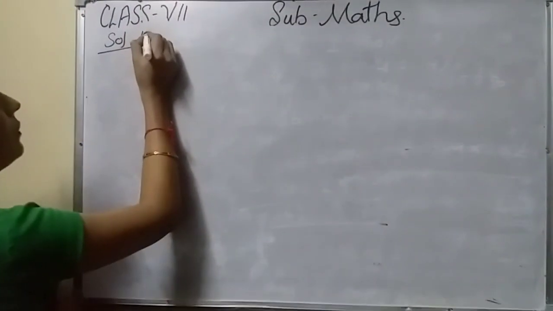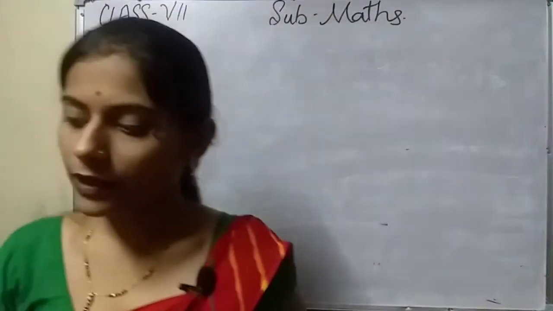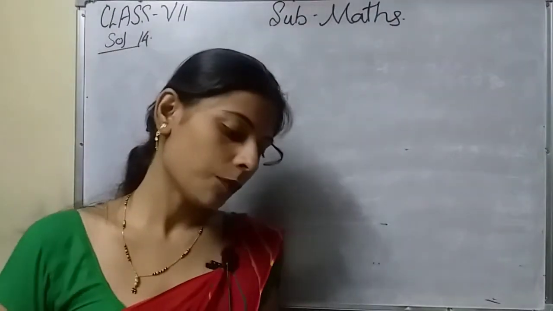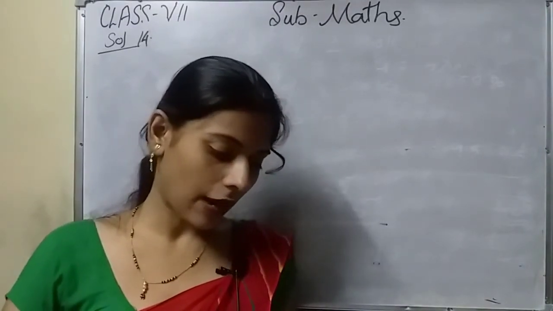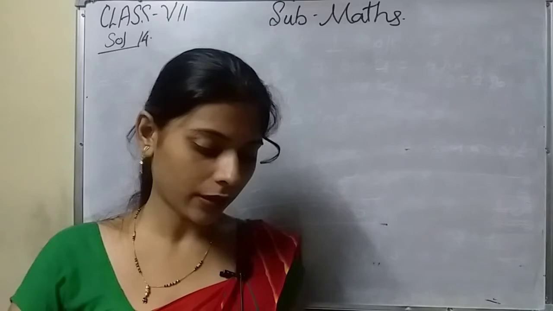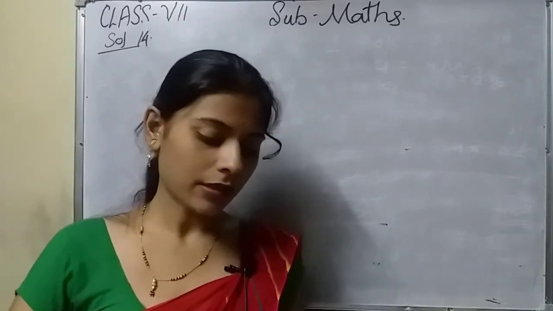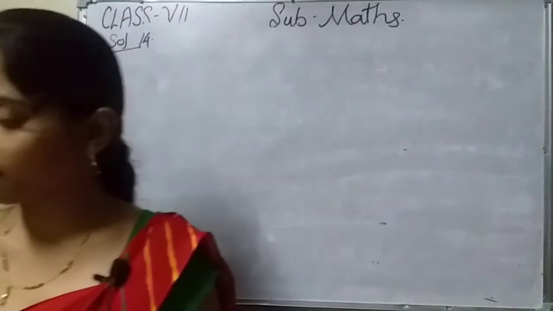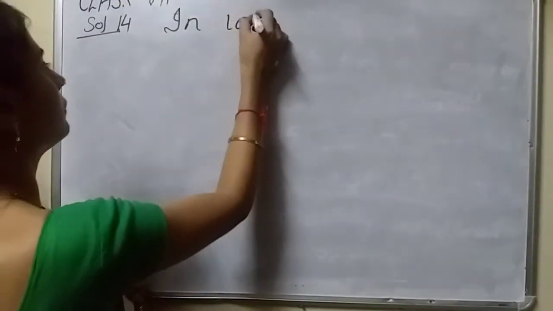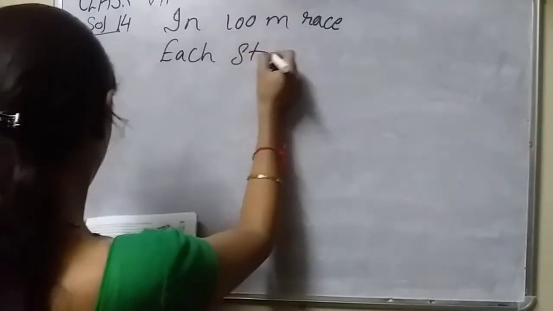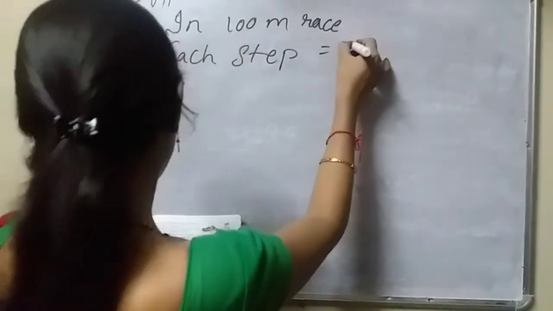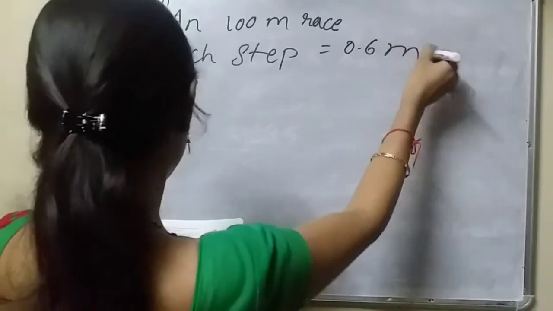Now see question number 14. Virendra covers 0.6 meter in each step while running. In a 100 meter race, after covering 68.8 meter, he fell down. How many steps remained for Virendra to finish the race? Here in a 100 meter race, each step is of 0.6 meters.